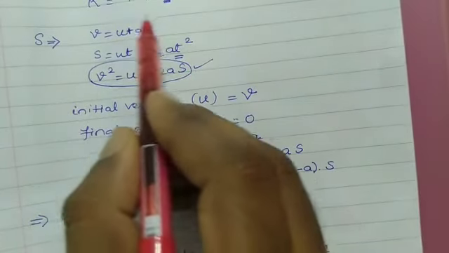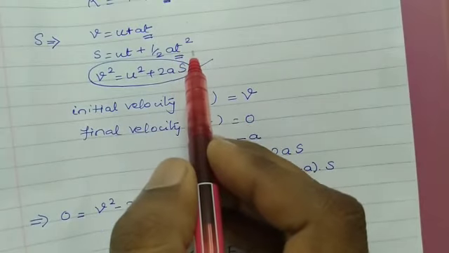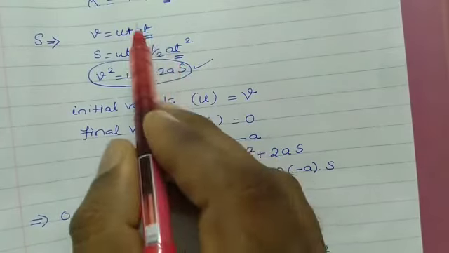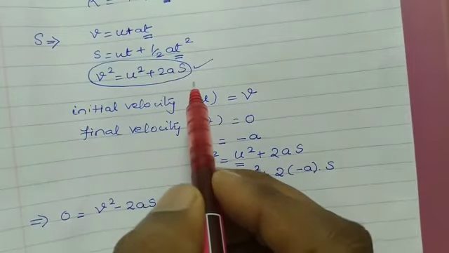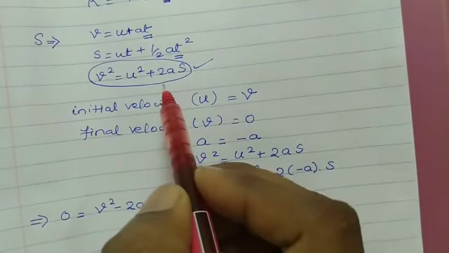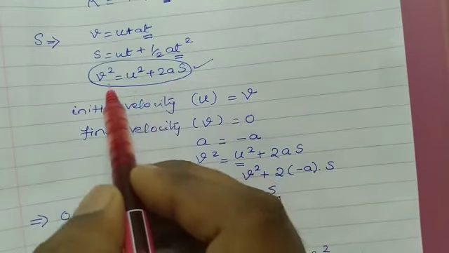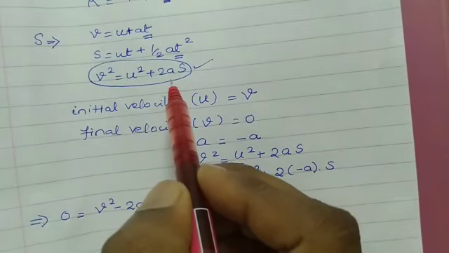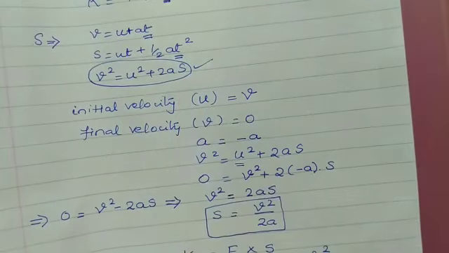If we are comparing these three equations, these two equations have the time parameter, but this equation has no time parameter. According to our concept, we have to calculate the displacement. So known values V, U and A, using these three values we have to find this S.